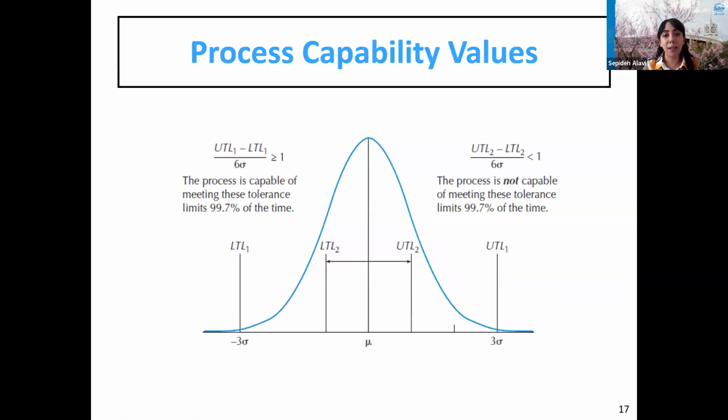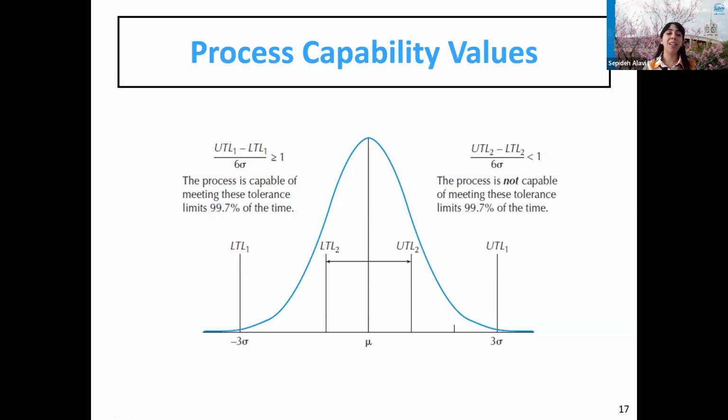Let's discuss the interpretations according to the value we get for the process capability ratio. When you calculate the process capability ratio, so you divide the tolerance limit by 6 sigma, if it's at least 1, if it's equal to 1 or greater than 1, that means the process is capable of meeting the tolerance limits 99.7% of the time.